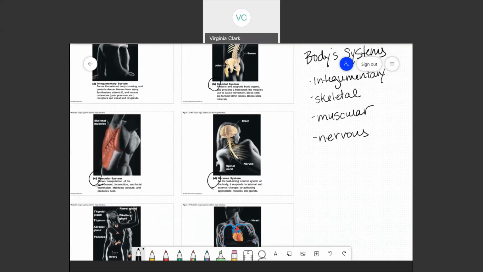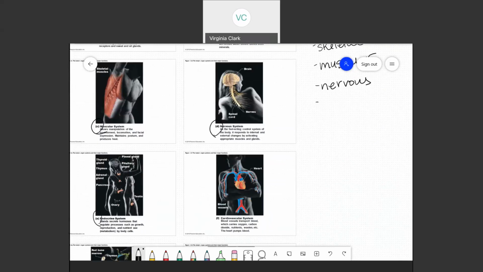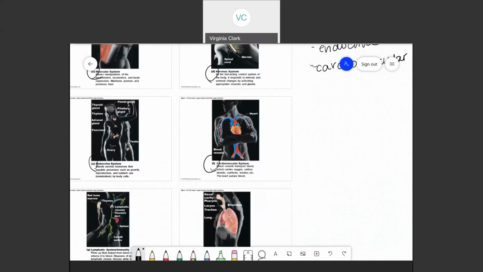But A&P 2 will continue, and you will cover the endocrine system, which is going to be the hormones and another way of communication through the blood. Then you're going to cover the cardiovascular, which is another biological system, the heart, the lungs, and how the heart connects to the lungs and how it pumps everything throughout the body.